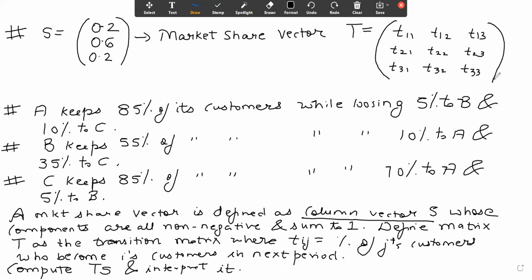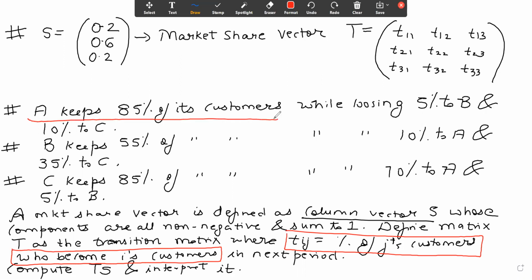Now guys, can we fill up all these components? What will T11 be? So Tij is what? Look at Tij, percentage of J's customers who become I's customers. So T11 will be percentage of A's customers who continue to remain A's customers only. Now you can see A keeps 85% of its customers. So what is my answer? My T11 is nothing but 0.85.